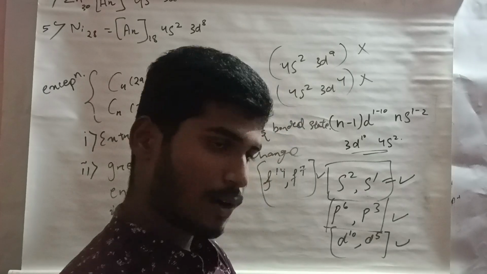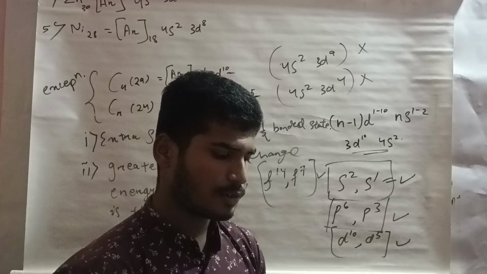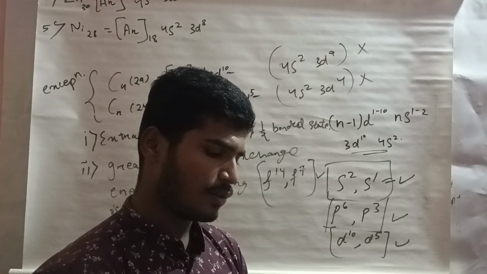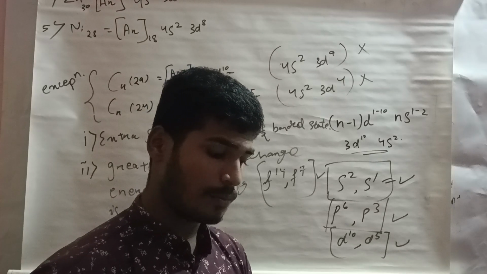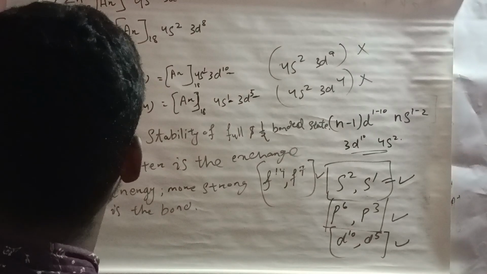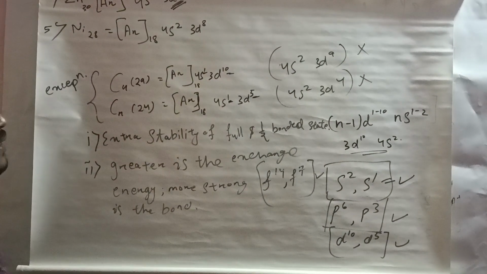Now see, D block elements are also known as transition elements. Only those elements are called transition elements in which the D subshell is not fully filled. In zinc, the D subshell is fully filled.